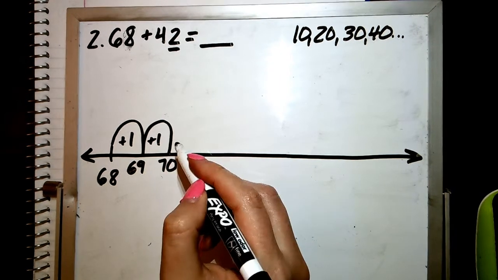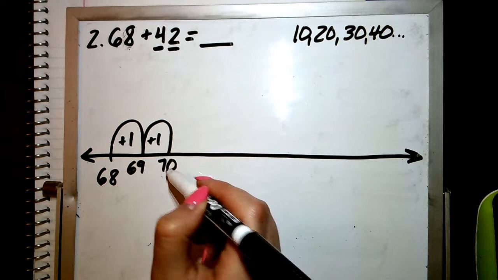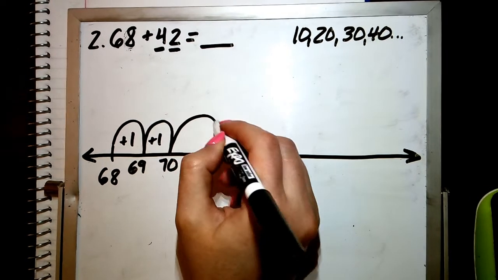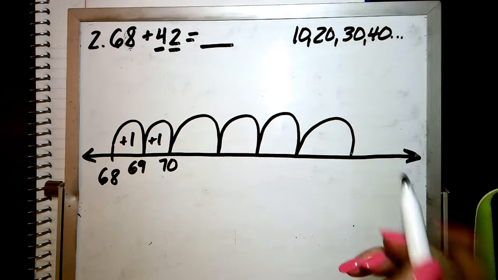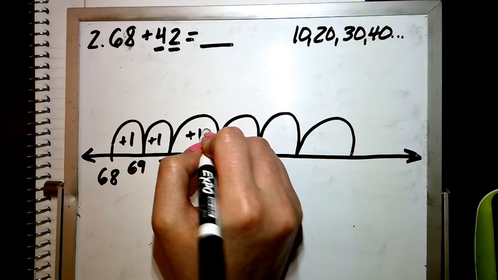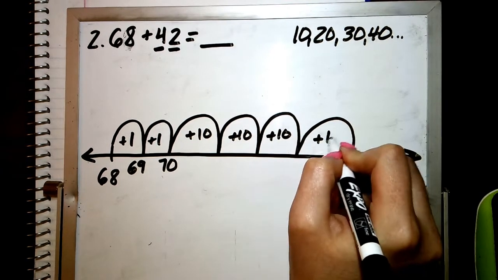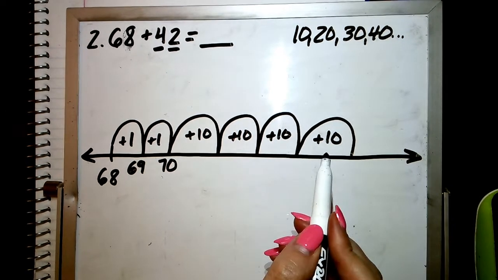So the 2 ones are done with. Now all we have to do is add our 4 tens to 70, which should be pretty easy. So 1, 2, 3, 4 jumps of 10. You might have noticed already that this is kind of like a backwards version of what we just did. So now we just add our jumps of 10.